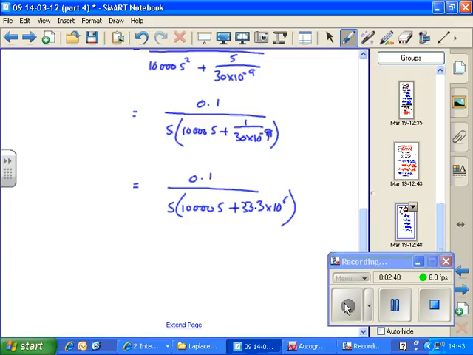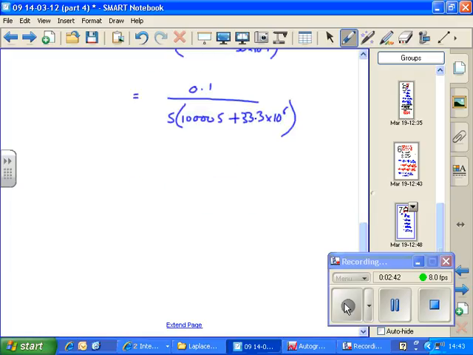Eventually we want this S to be just one lot of S, so let's get rid of this 10,000 by dividing each term top and bottom by 10,000, which will help in the long run.